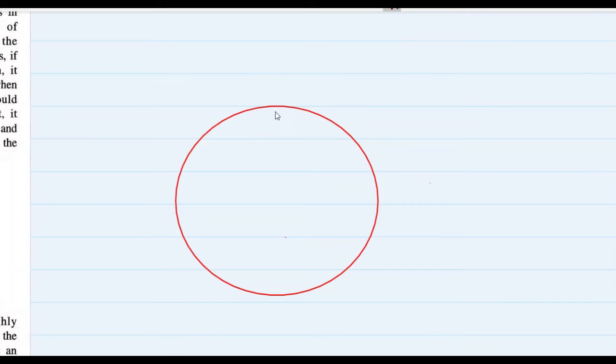Suppose this is the mid line of a football field, and this is the penalty area, whatever you call it, the D. Now, what is this place where the football is kept at the beginning of the game?